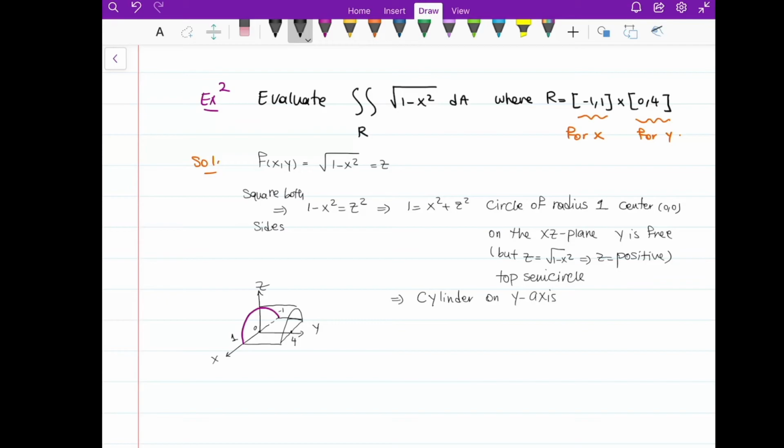Well, I say that the double integral of the square root of 1 minus x squared dA is basically what? It's just the top half of the cylinder that we just described in here.